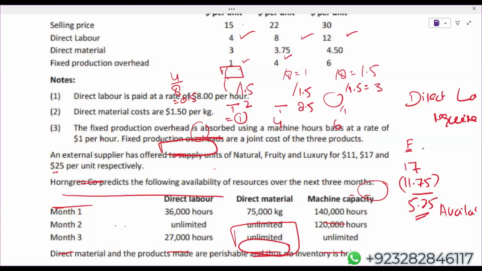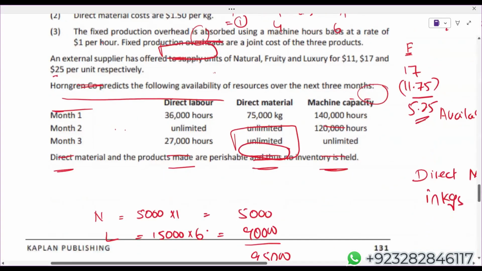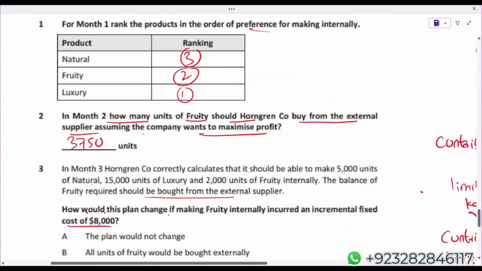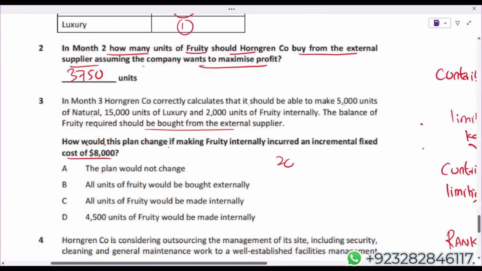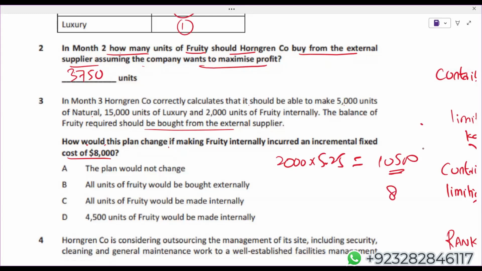And how many units in month 3 we have decided to produce internally? 2,000. Now come here. 2,000 multiplied by 5.25. I'm getting 10,500. Now listen, student. When your company manufactures 2,000 units of fruity internally, then the total saving is going to be 10,500, but you have to bear an incremental additional fixed cost of 8,000.